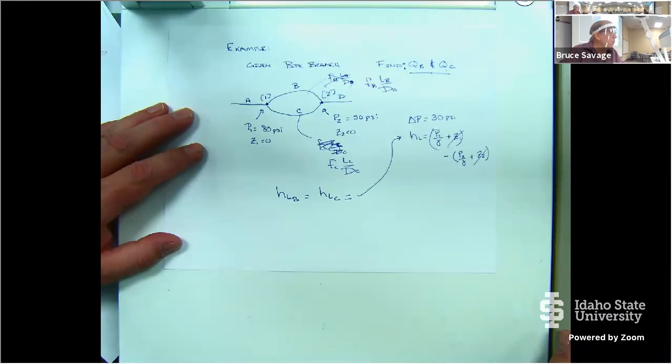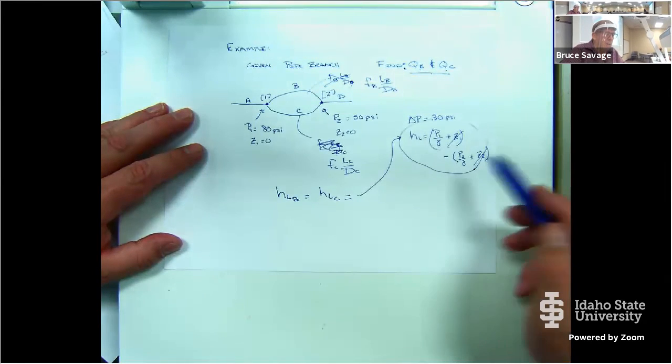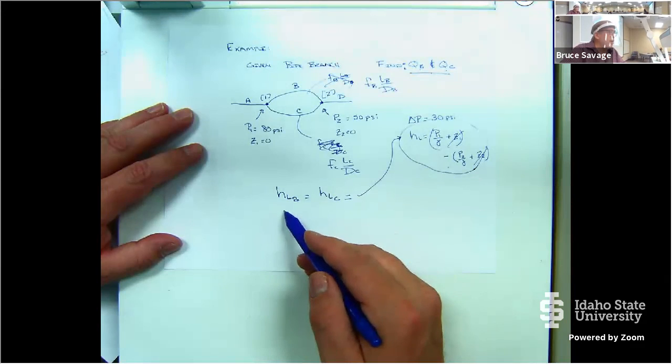So this one actually falls right out, because if I know the head loss across my whole system, I can plug that into each one of those equations and find the flow rate.